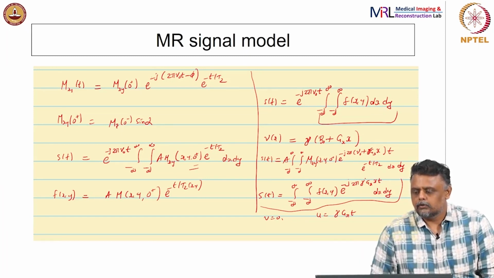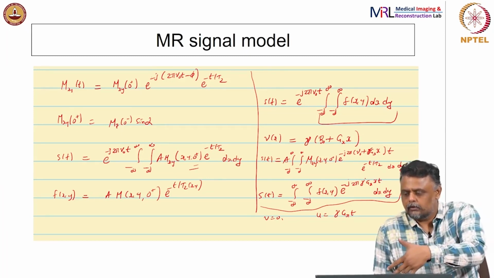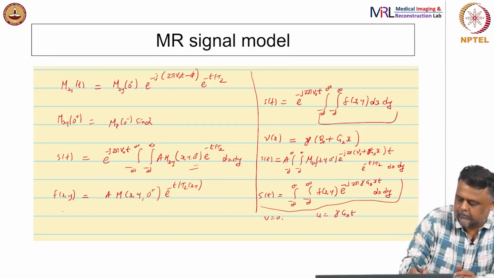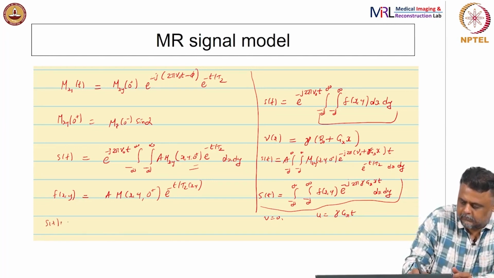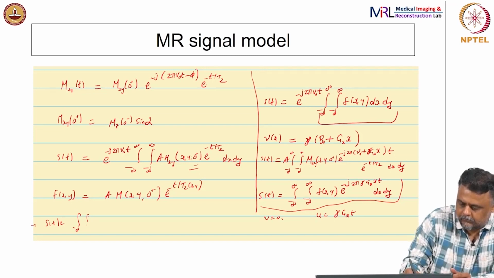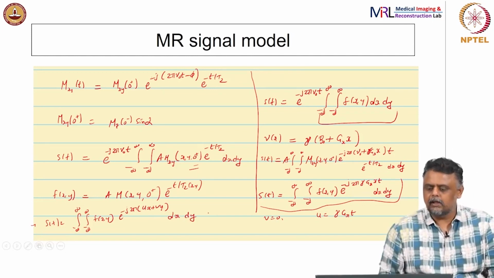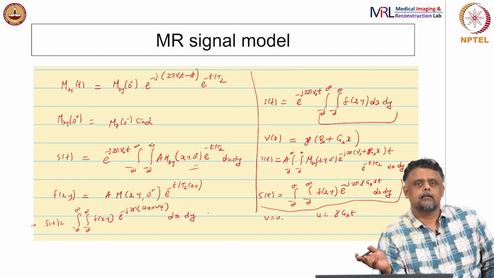So, if you write this as some function, the integral from minus infinity to infinity of f of x comma y e raised to minus j 2 pi (u x plus v y) dx dy, and set v equal to 0, that is the expression we have there.